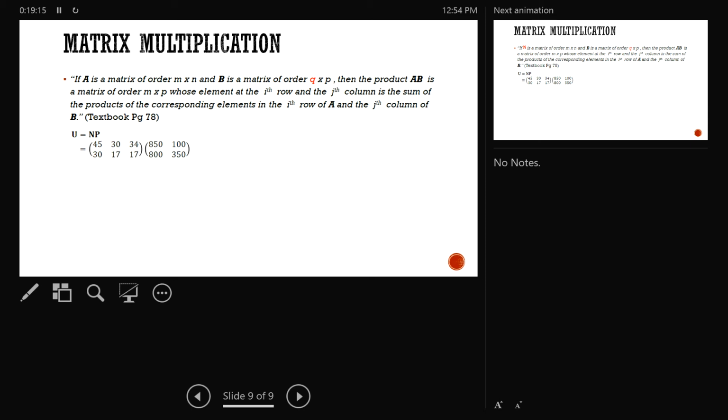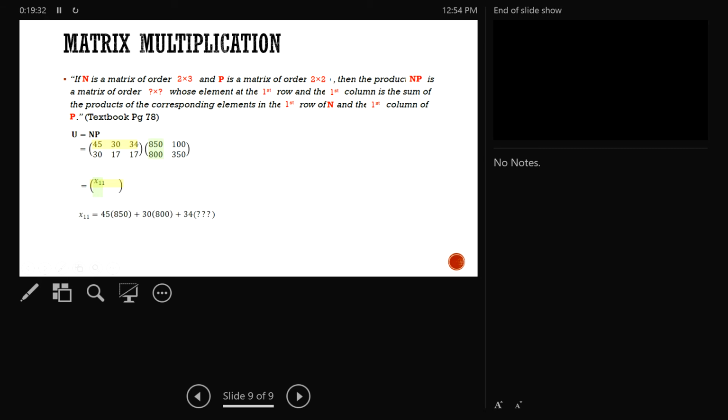Let's see what happens. According to the definition, to find the first element, first row, first column, right? I'm going to take the first row, multiply by the first column. Now, this is going to be given by 45 times 850, plus 30 times 800, then 34? 34 got partner?